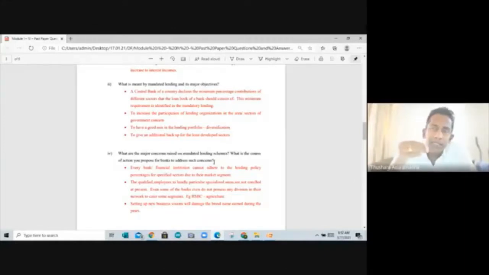So basically, it could be agri, it could be export, it could be women entrepreneurship. To have a good mix in the lending portfolio, it's a diversification technique also. Diversification in terms of region, products, sectors, customers. So everything is possible here, right?